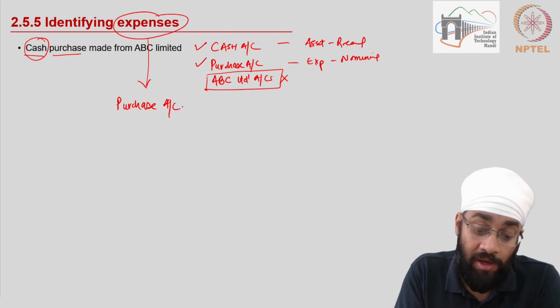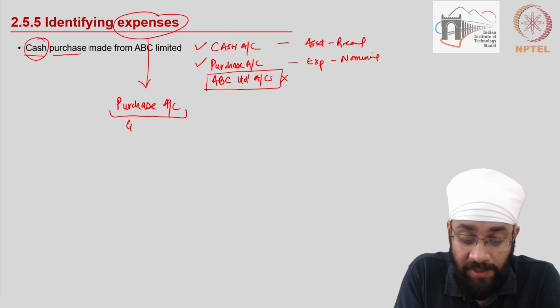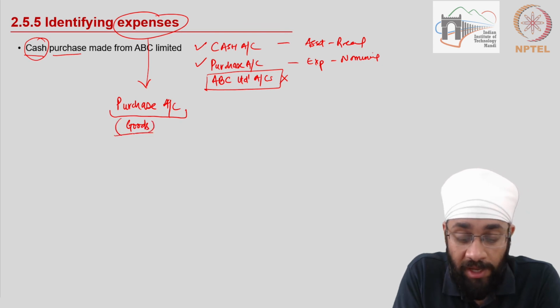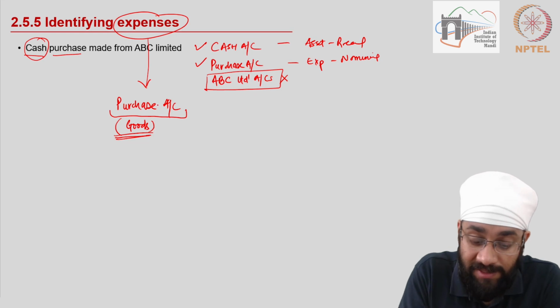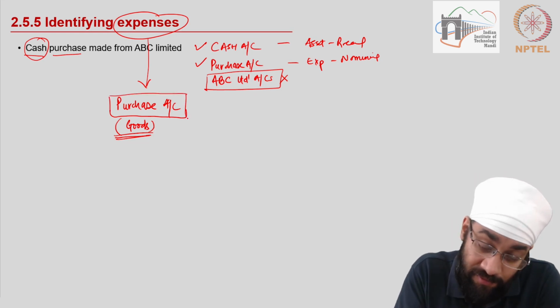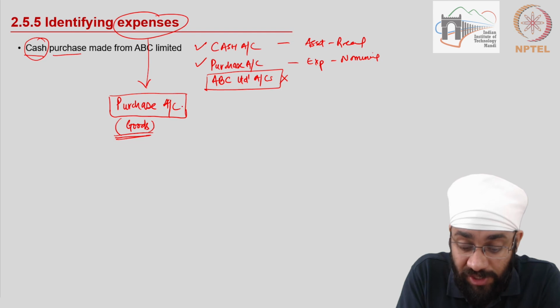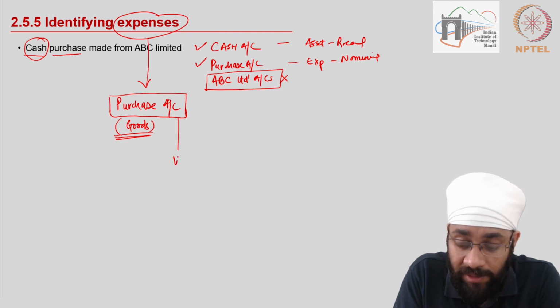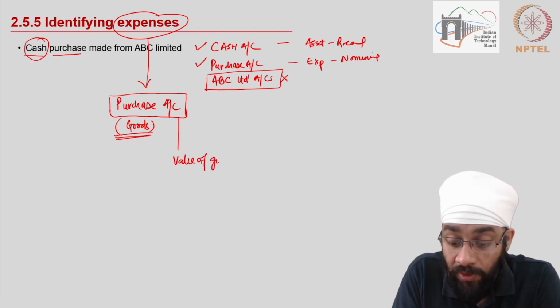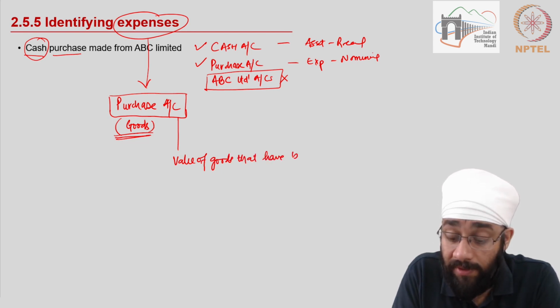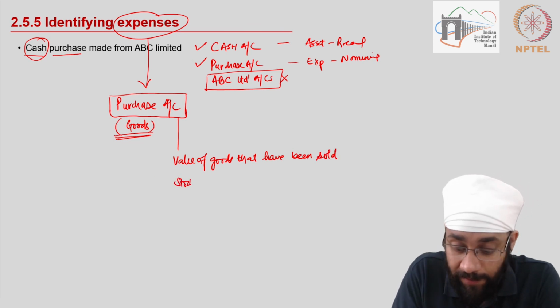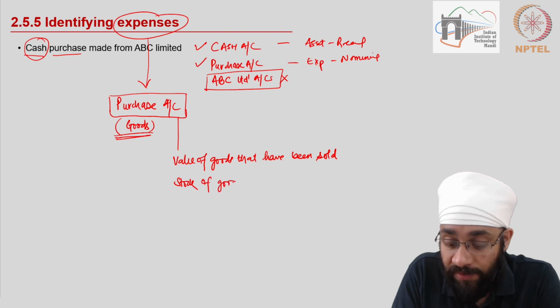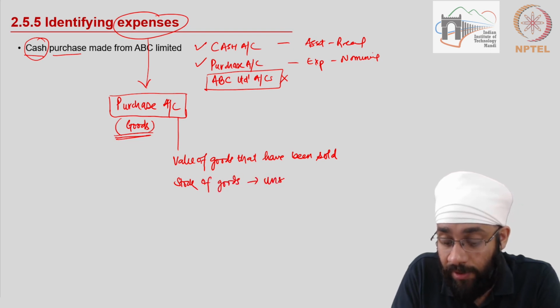And if you are thinking how come purchase is an expense account, it is supposed to be the goods account and goods are supposed to be assets for us. Well, think of this. I clarified this in another video before. Purchase refers to the value of goods that have been sold. So we are not referring to unsold. The stock of goods is typically unsold.